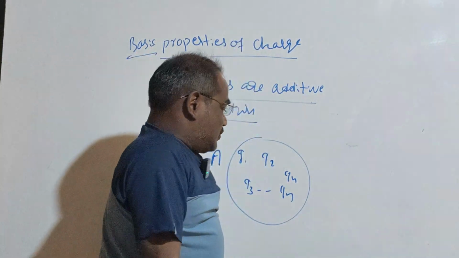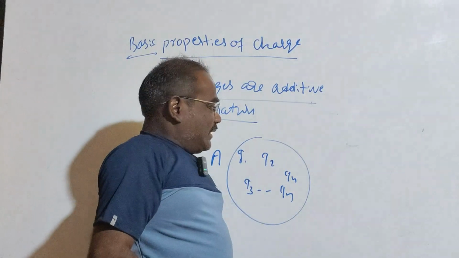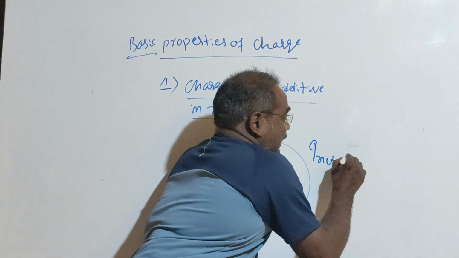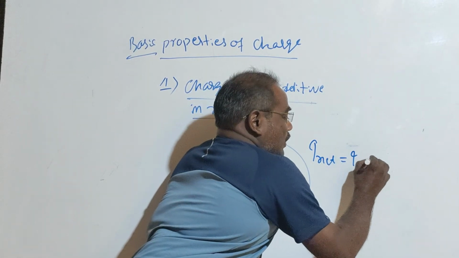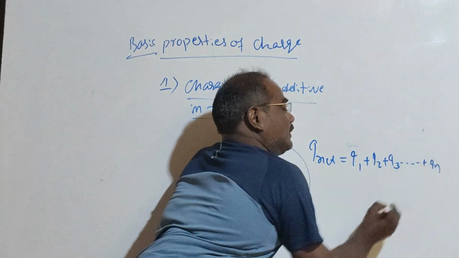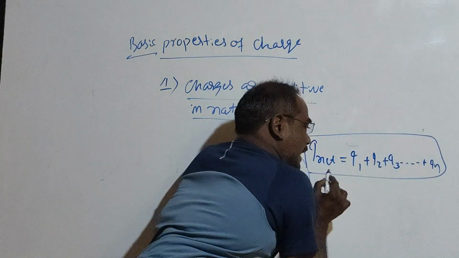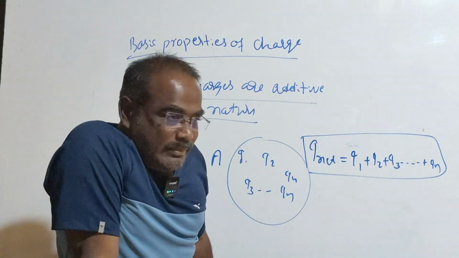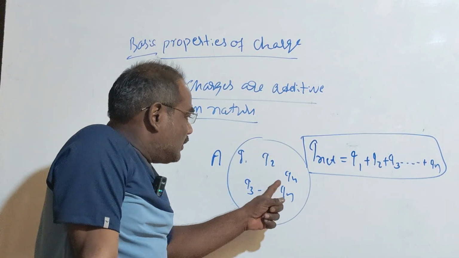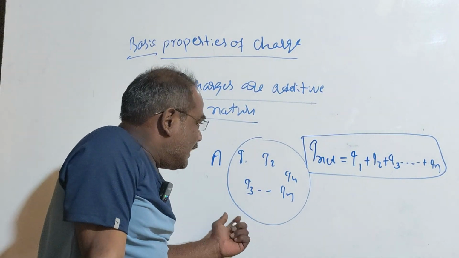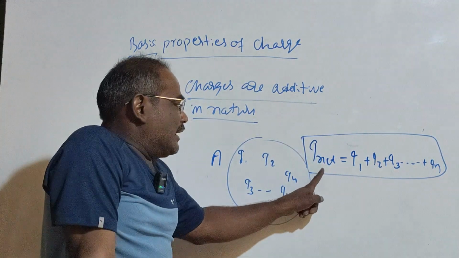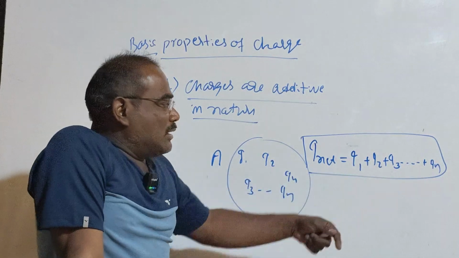Then what is the net charge of the system? We are going to add them. Q net is equal to Q1 plus Q2 plus Q3 and so on plus Qn. This is nothing but the additive nature of charge. By adding all these distinct charges, we get the total charge on the system. That is Q net, equal to Q1 plus Q2 plus Q3 and so on plus Qn.